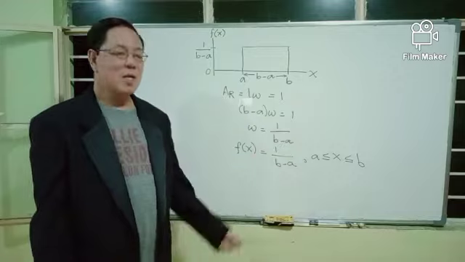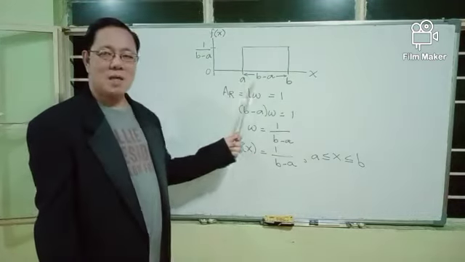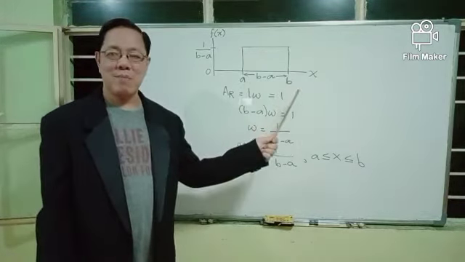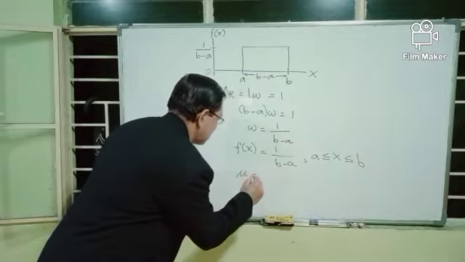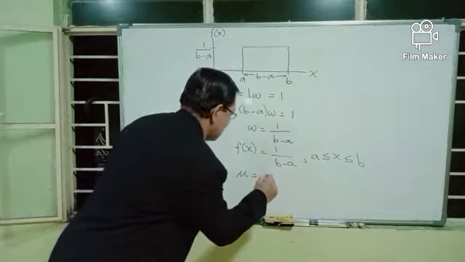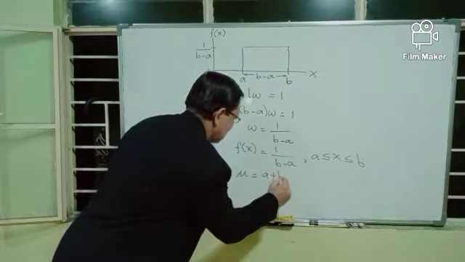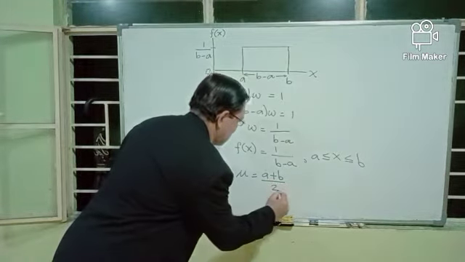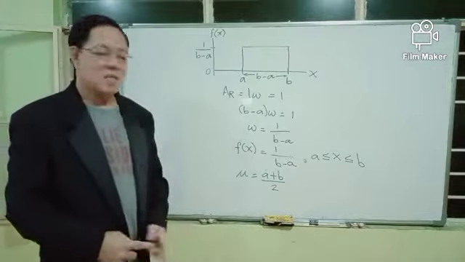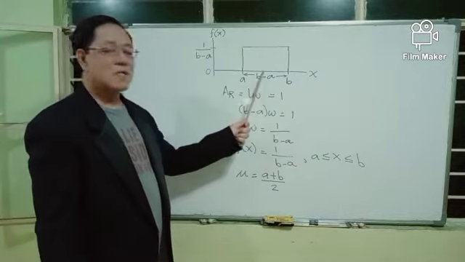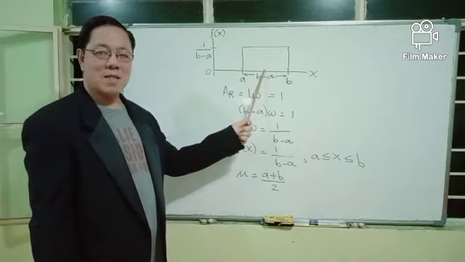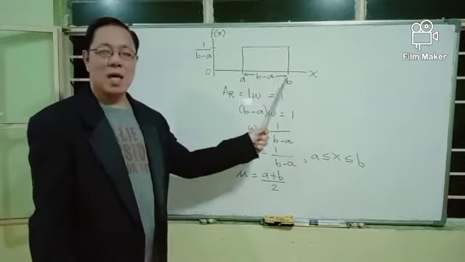And to get the midpoint, we simply add the endpoints a and b and divide by 2. This value (a plus b) over 2 is halfway between a and b. It is the midpoint of the line segment between a and b.